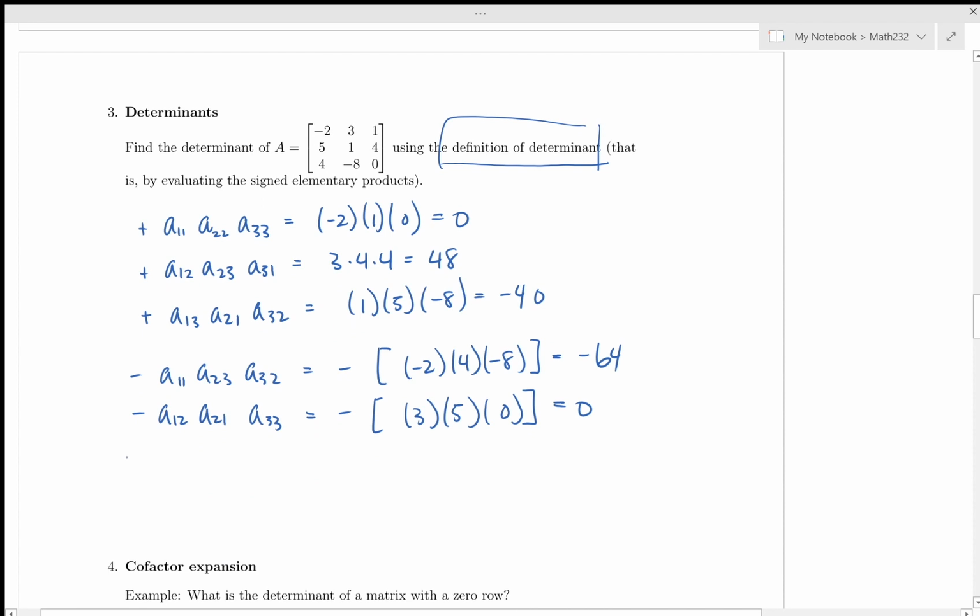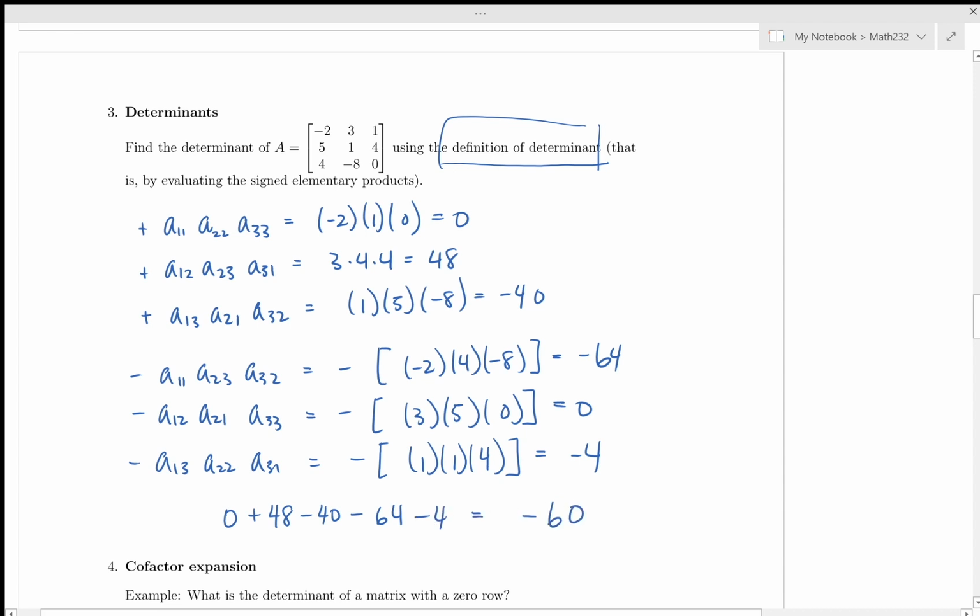And then minus A13, A22, A31, and that's minus 1, 1, 4, minus 4. Then I add all of those numbers together. This is that summation. And I get minus 60. So the determinant of this matrix right here is minus 60.